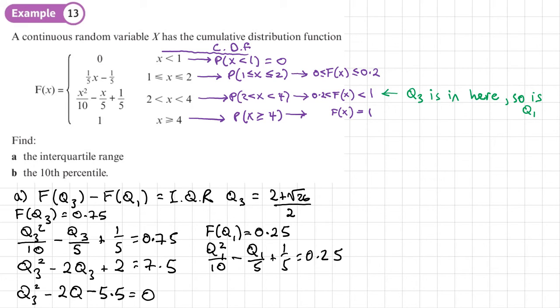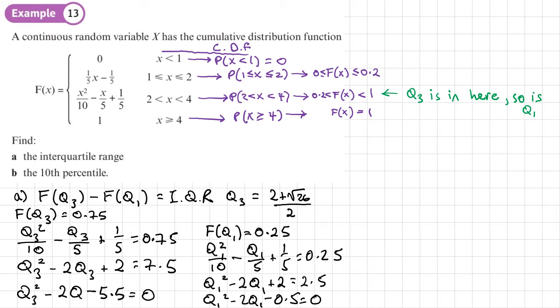We're going to be doing something similar. We'll times both sides by 10, so we get Q1 squared minus 2Q1 plus 2 equals 2.5. We'll take 2.5 away from both sides, so Q1 squared minus 2Q1 minus 0.5 equals 0.